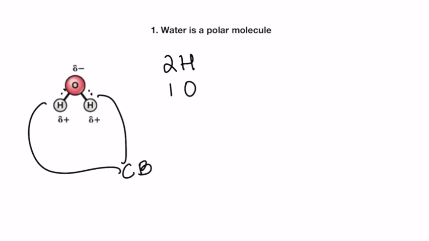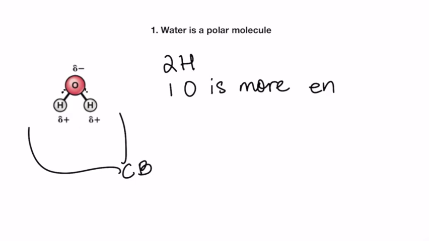It so happens that oxygen is more electronegative, I'm going to say EN, than hydrogen. Electronegativity means that that particular atom likes to pull the shared electron pair closer to itself. So in this particular case, this shared pair of electrons is going to be closer to oxygen than it is towards hydrogen. So it's going to be somewhere around there.